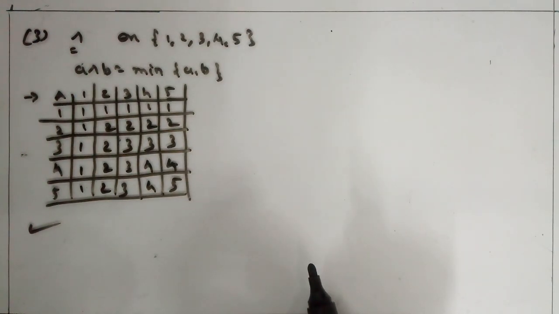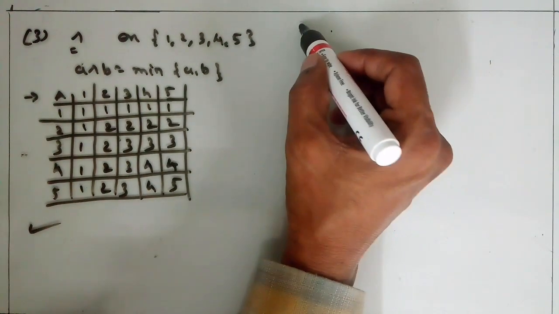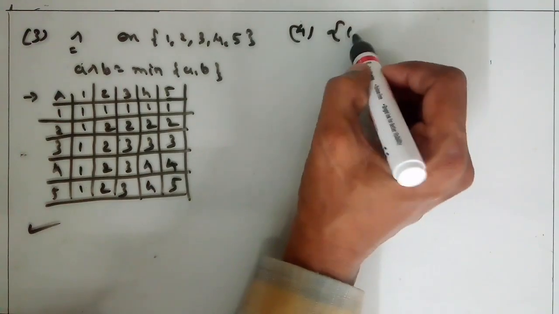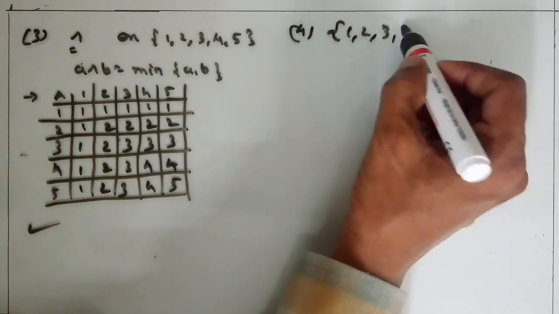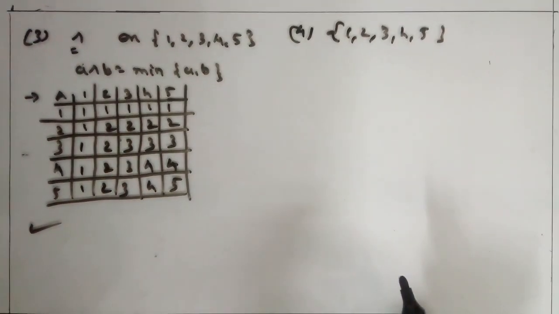Now question number 4. Consider a binary operation star on the set 1, 2, 3, 4, 5, given by the following multiplication table.